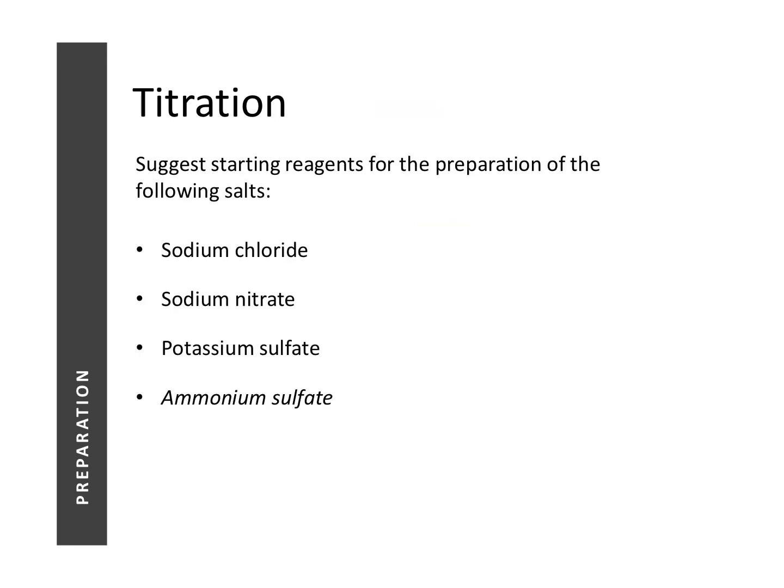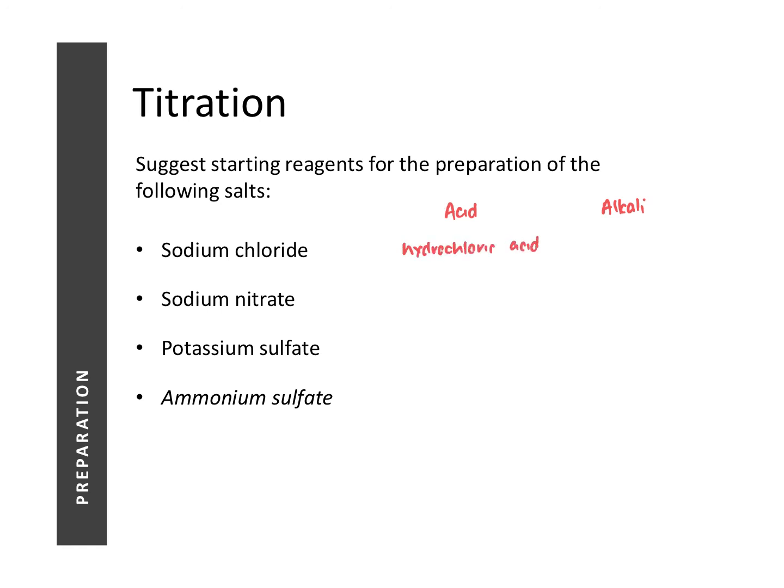So we have 4 salts over here. These are all spar salts, so we need to use the titration method, and therefore we need to think of the suitable starting reagents for all 4 of them. And the recommended starting reagents, again, are your acid combined with alkali. So for sodium chloride, the acid that we need to use is hydrochloric acid.